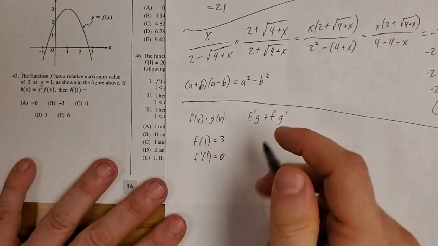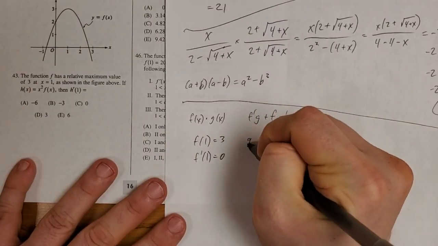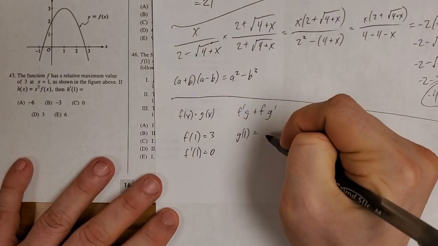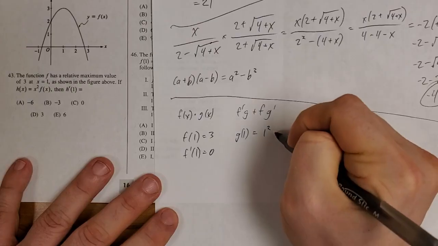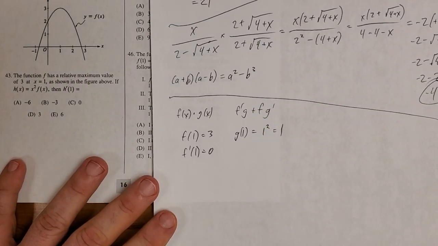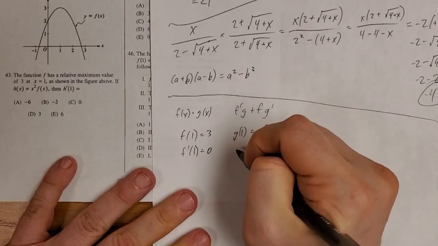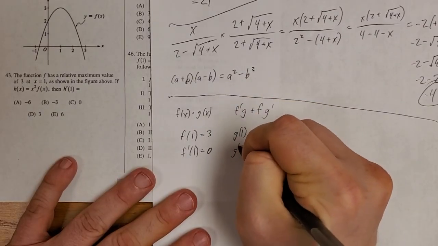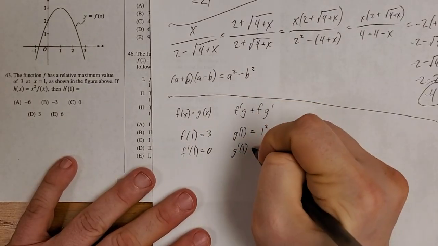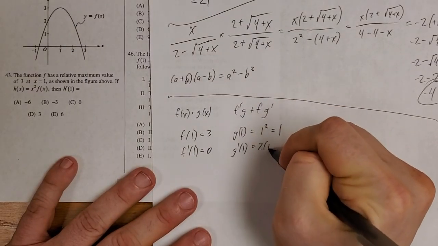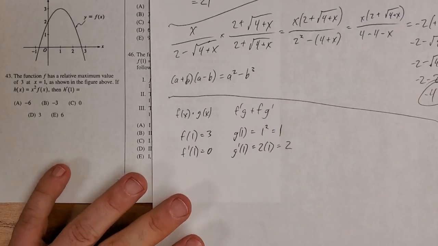And g of 1, being x squared, is just 1 squared, which equals 1. And the derivative of g, so what's the derivative of x squared? That's 2x. 2 times 1 equals 2.